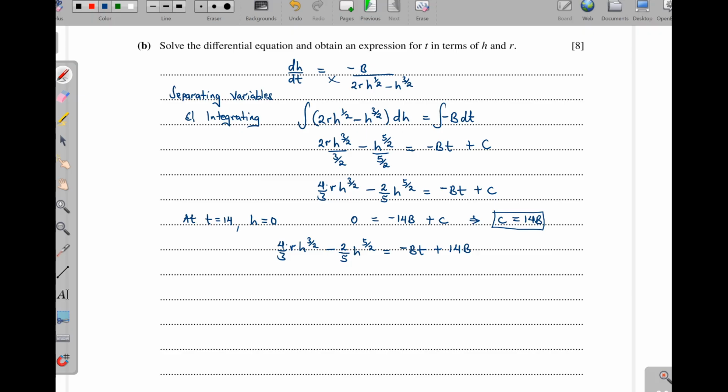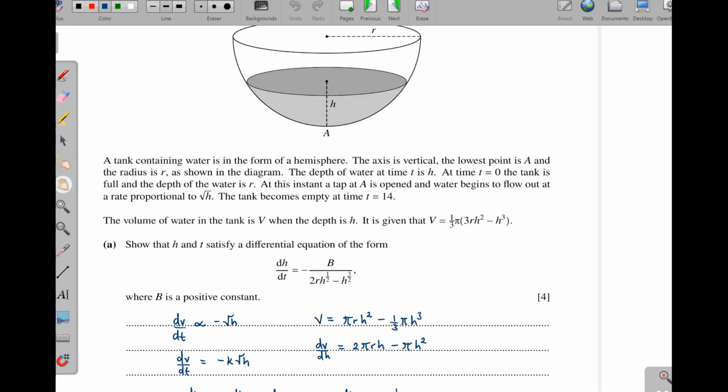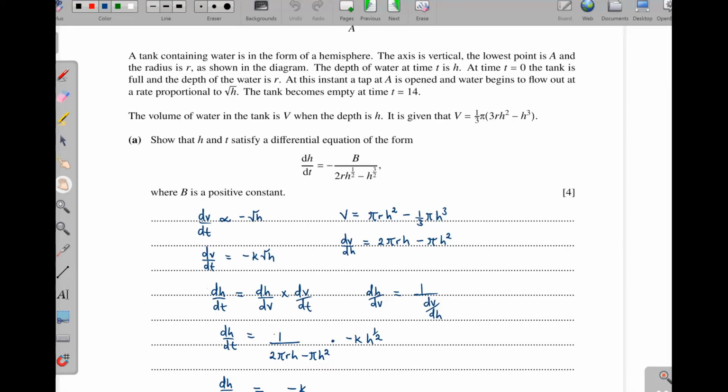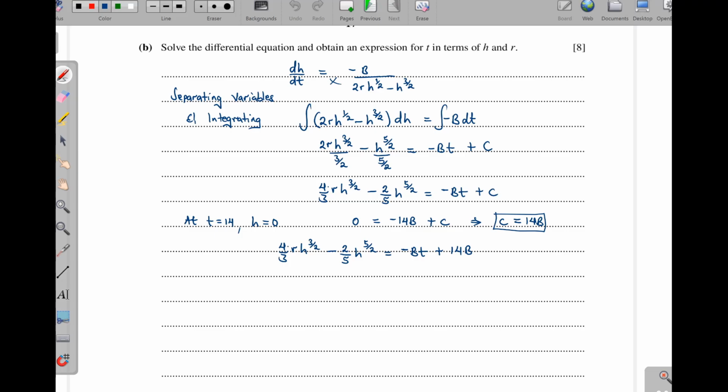Now, there is also something they said here, that the depth of the water at time t is h. At t is equal to 0, the tank is full and the depth of the water is r. So you see that at t is equal to 0, h is equal to r.